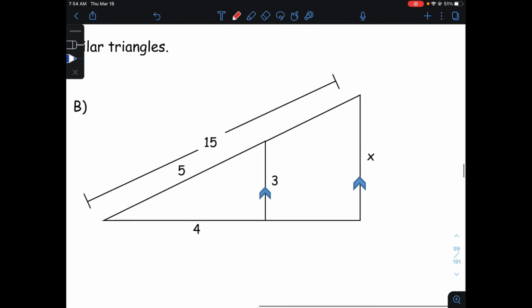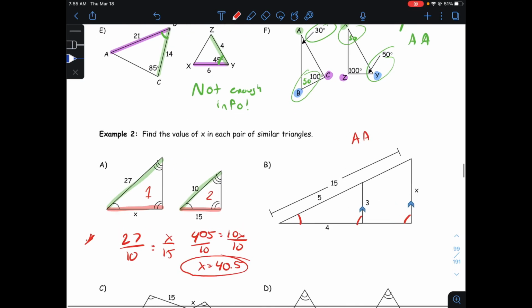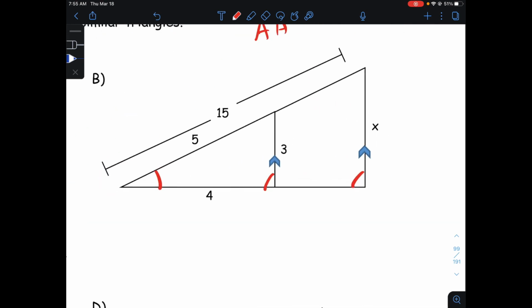All right. So now let's check out this next one. So one thing on these, you could show that these triangles are similar by looking here. They share an angle. And then since these guys are parallel, you know that these angles are congruent because they're corresponding. All right. So basically we know that these are similar by angle, angle. That was the same situation here. We had three angles congruent. This was similar by angle, angle. Okay. So we're going to go ahead and try and set up a proportion here.